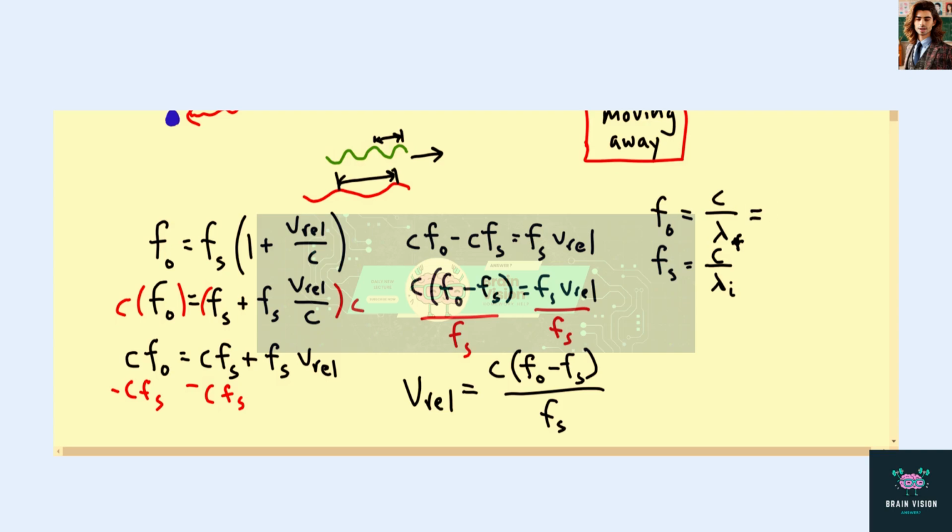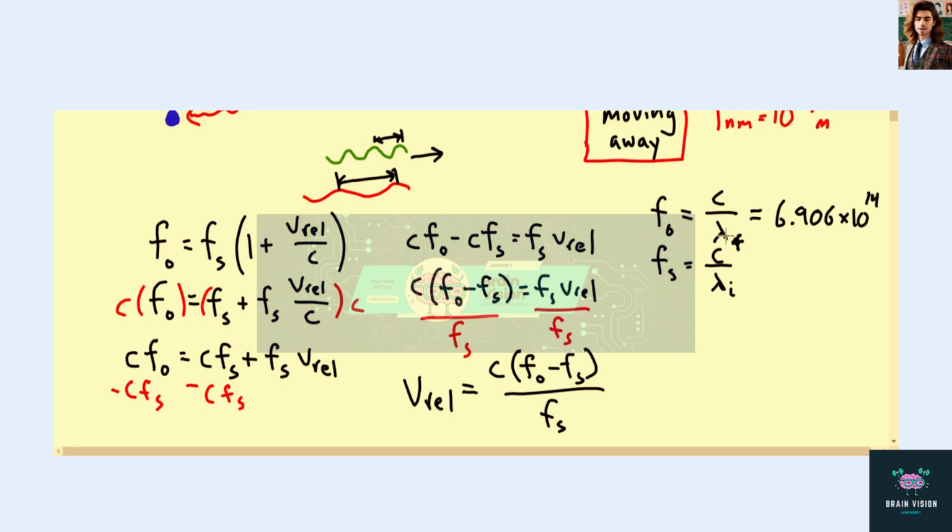Plugging those in, we'll get about 6.906 times 10 to the 14th. That's just using lambda in terms of meters, so converting from nanometers, 1 nanometer is 10 to the minus 9 meters.